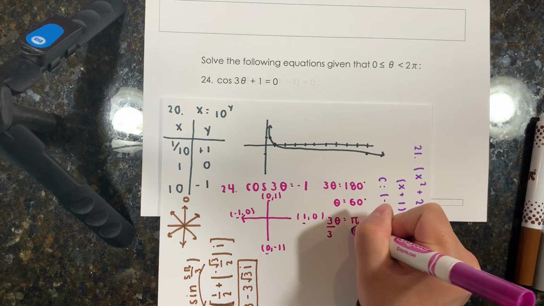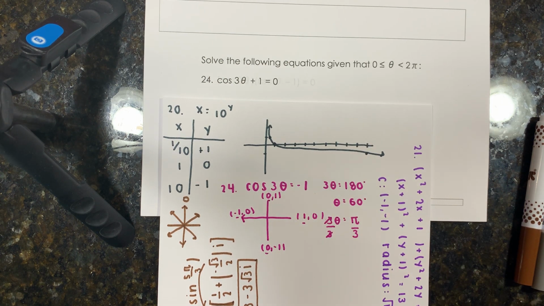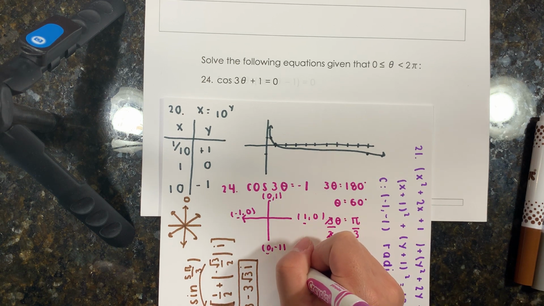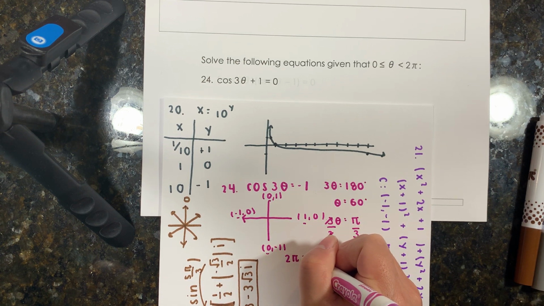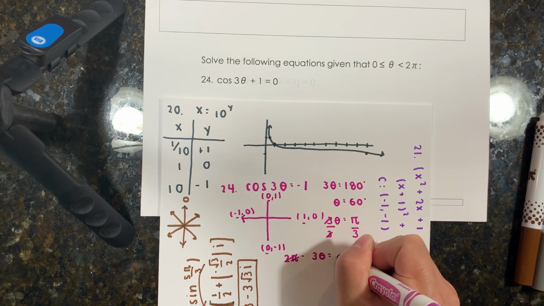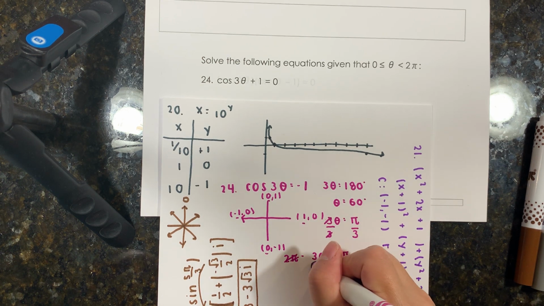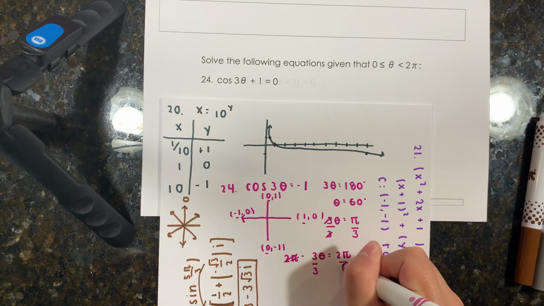When I divide that by 3, my first answer is going to be pi over 3. Now I need to find out my other answers. So I'm going to set 3 theta equal to 2 pi, because 2 pi would be equal to 360. I'm going to divide both sides by 3.